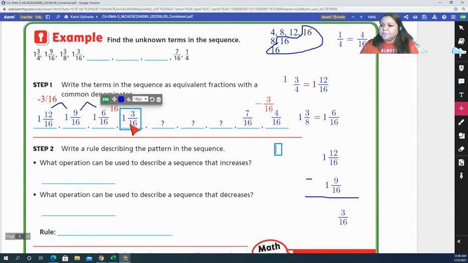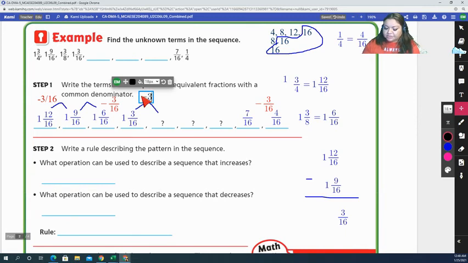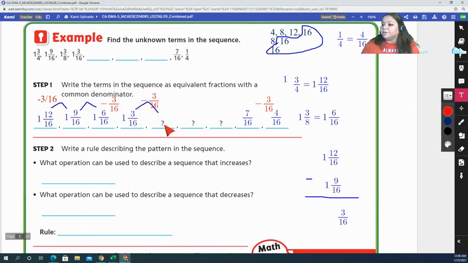Look at this one, pretty simple, because it already has 3/16s, right? So if I subtract 3/16, like the pattern is going, then I know that my next term will be just the number 1. And then if I subtract again, now I'm going to subtract from 1.